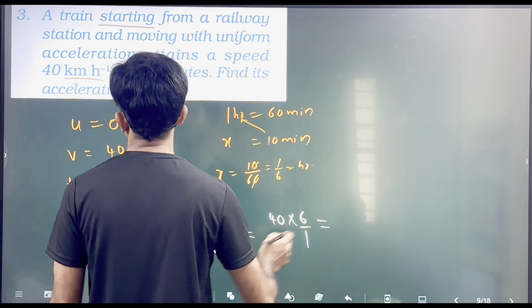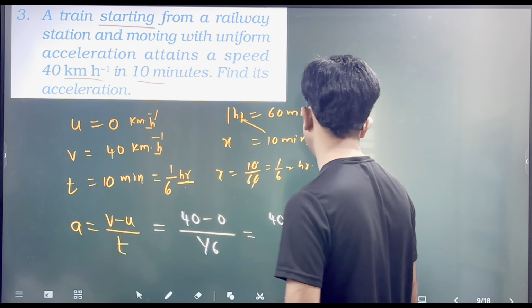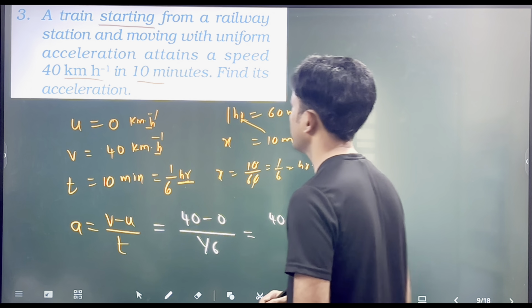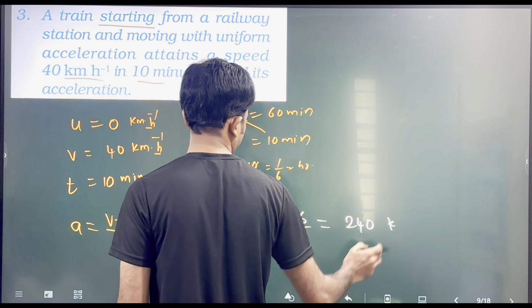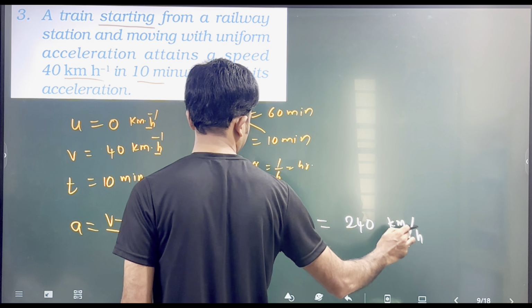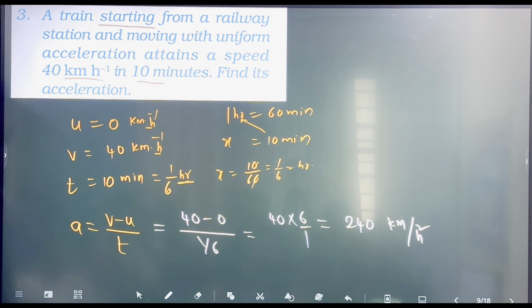Then 6 into 40 is how much? 240, so which is equal to kilometer per hour square, since acceleration has time square. Okay, kilometer per hour square. Is it clear everyone?